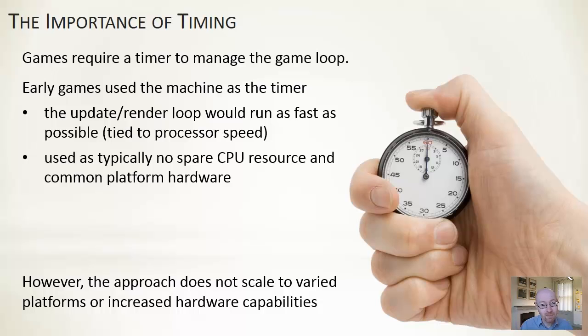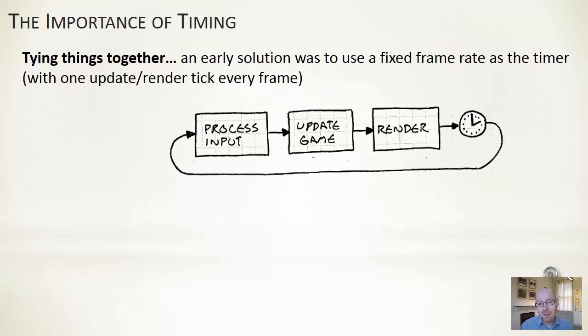It worked then, it doesn't work today, where you have faster machines or a greater degree of variability in terms of the overall capabilities and speed of machines. So it means that we need to have some way of managing this process.